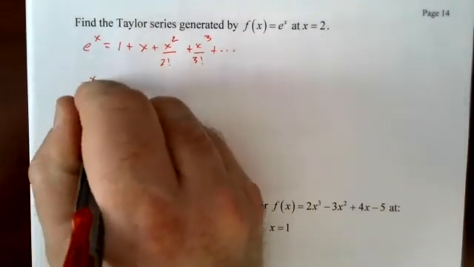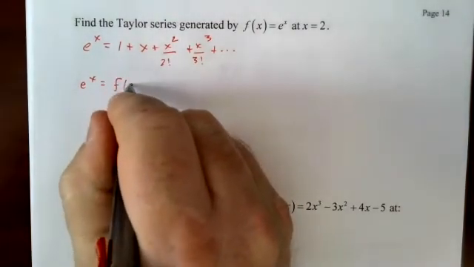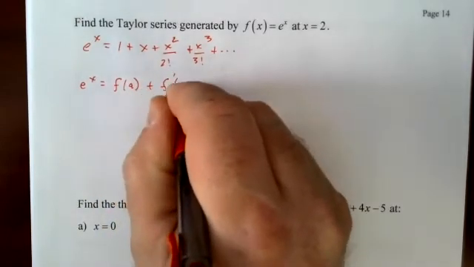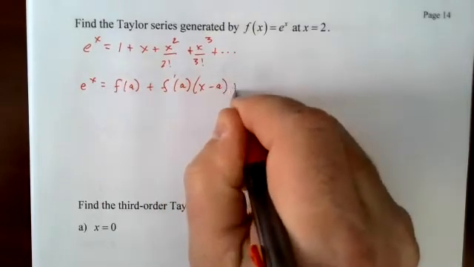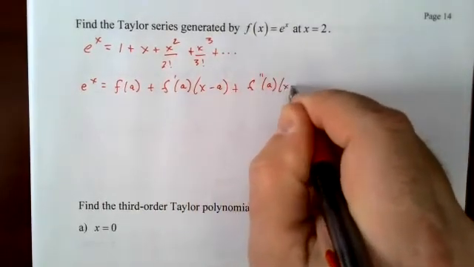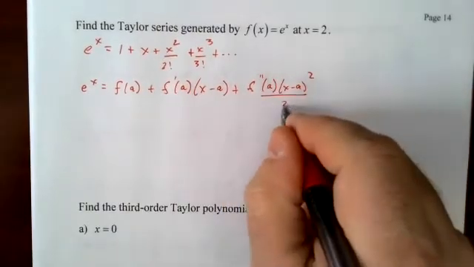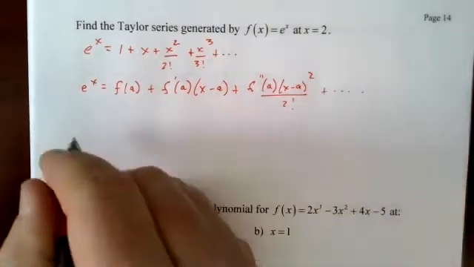This is the formula I memorize, and I forget it every year, and then when I come back and reteach it, I memorize it: f of a plus f prime at a times (x minus a), plus f double prime of a times (x minus a) squared over 2 factorial, dot dot dot.